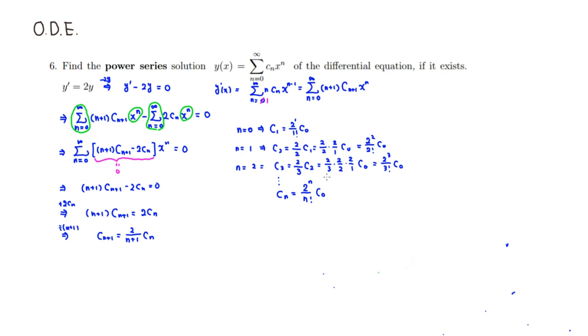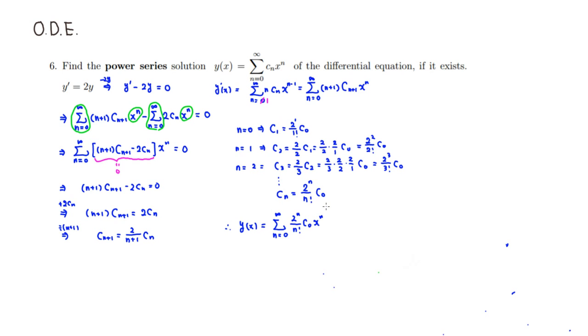We have a power series, so therefore y of x is equal to the summation, n goes from 0 to infinity, of Cn, which we found to be 2 to the n over n factorial C0, times x to the n.